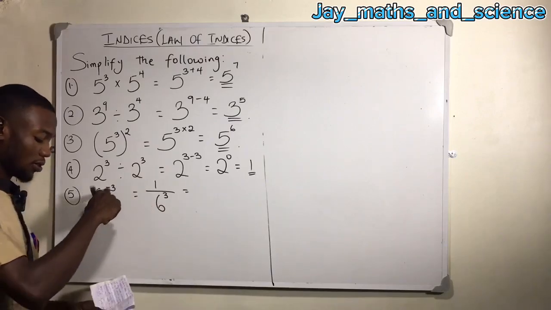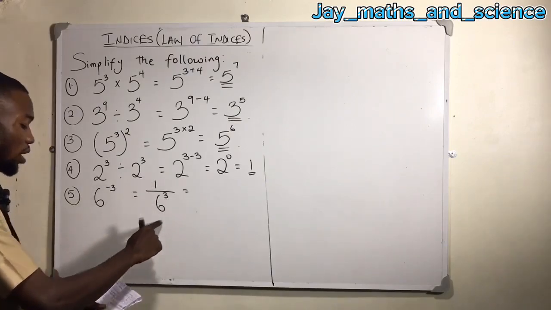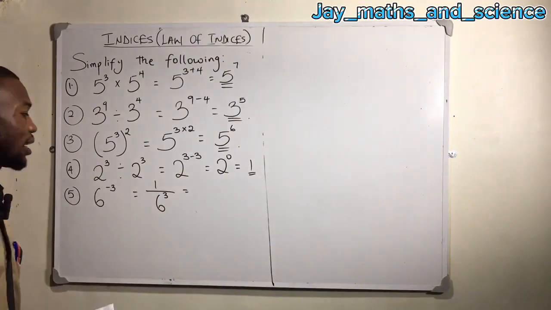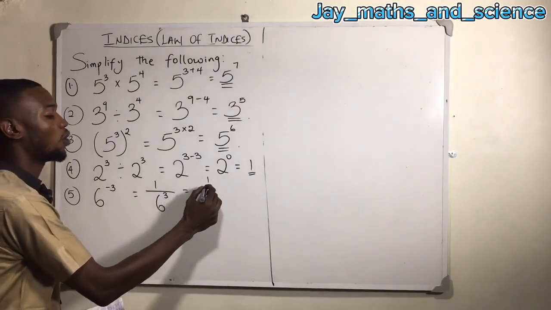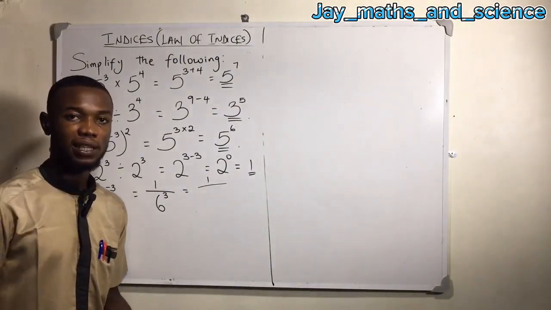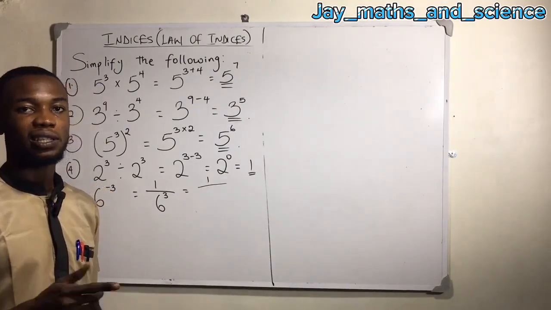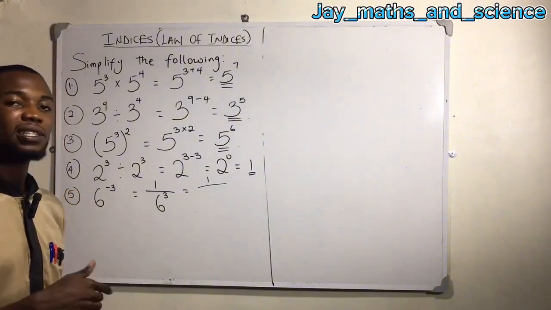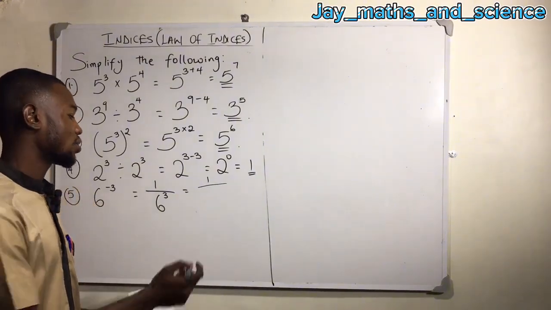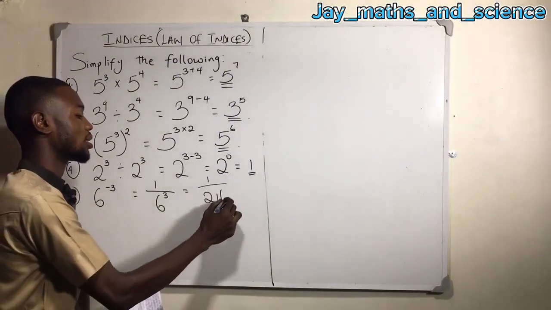Now look at this, the minus is the one that is written as 1 over. Then this 6 is raised to the power of positive, now, it should be negative. And what do we have? 1 over 6 raised to the power of 3 means 6 times 6 times 6. It's not the same thing as 6 times 3, which is 18. No, it means 6 multiplied by 6 multiplied by 6. In that case, we have 216.